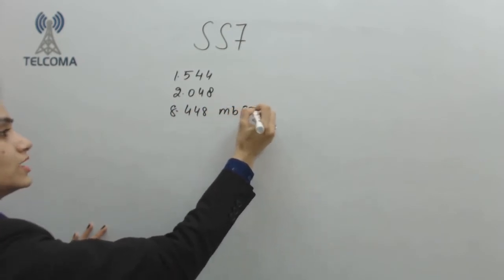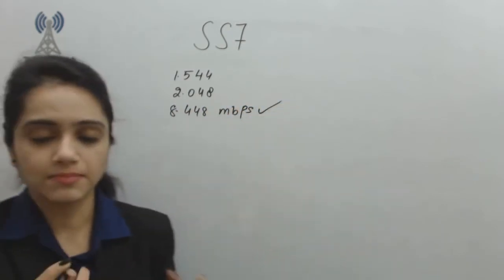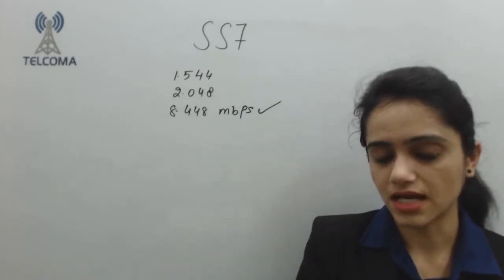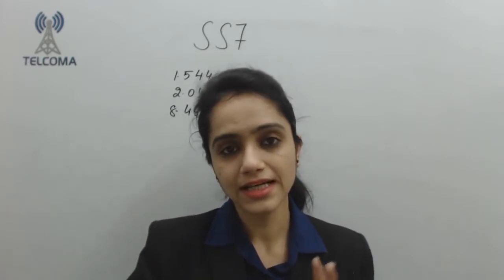So whatever higher data rate we require, we multiplex the various signaling links of 64 kbps together, which is the standard of digital transmission. So this is about a signaling link.